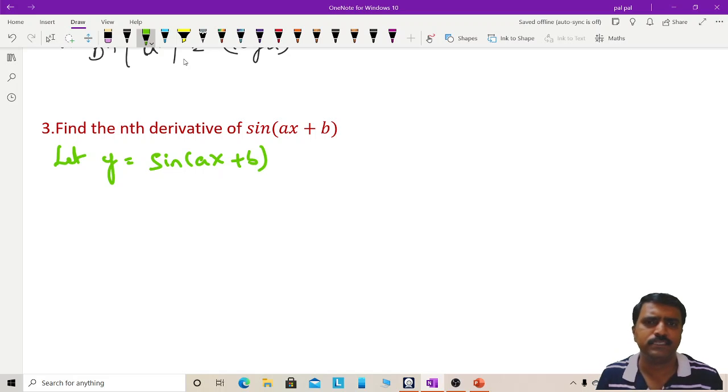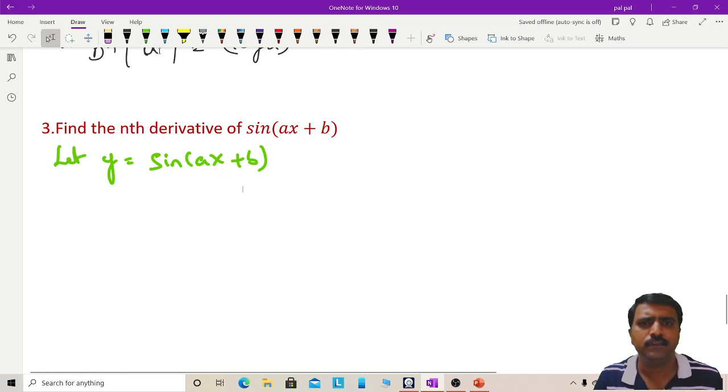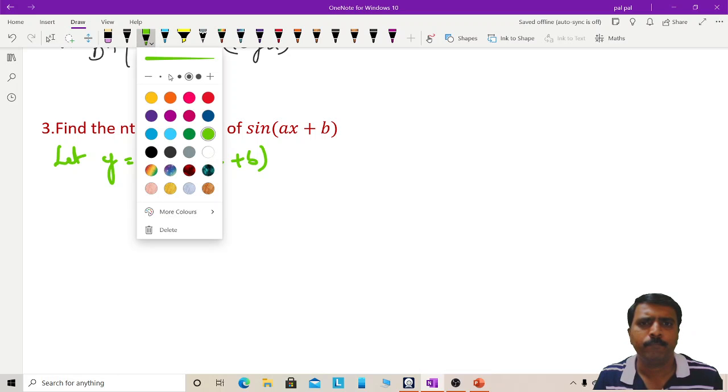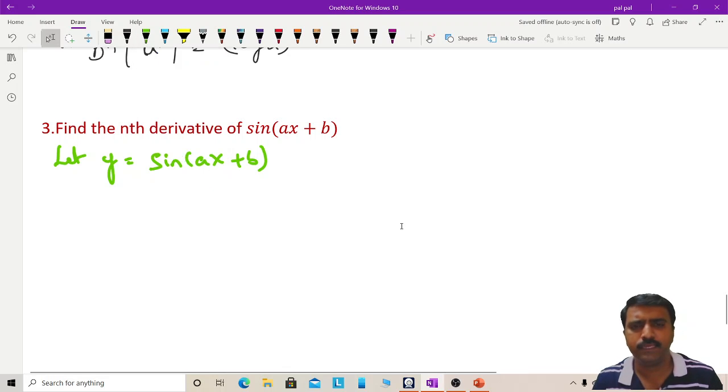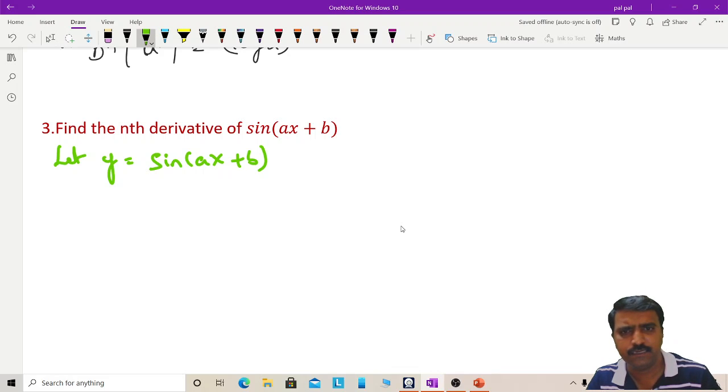You take that function. First you consider this function y is equal to sine ax plus b. Now you differentiate this y with respect to x.